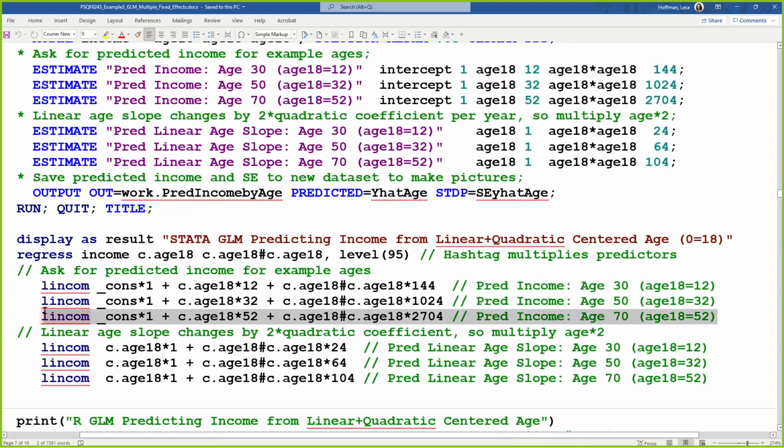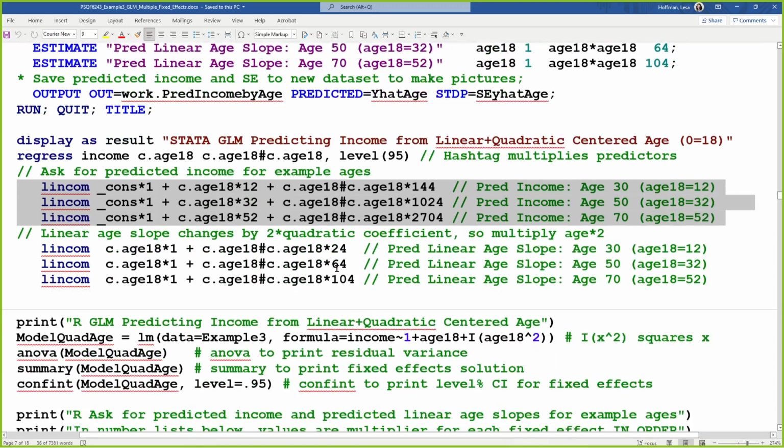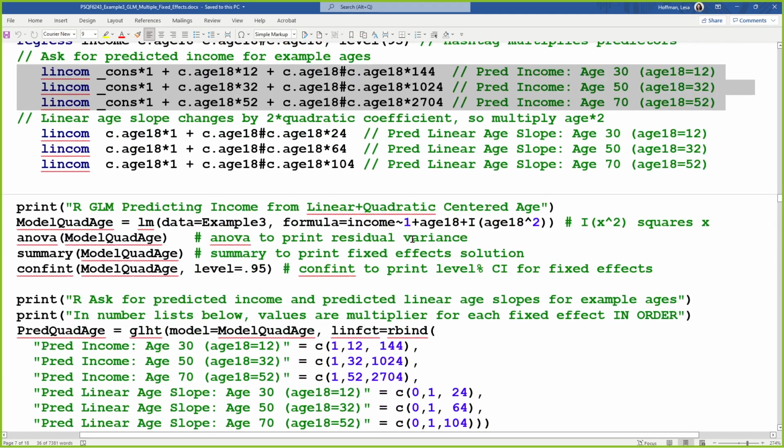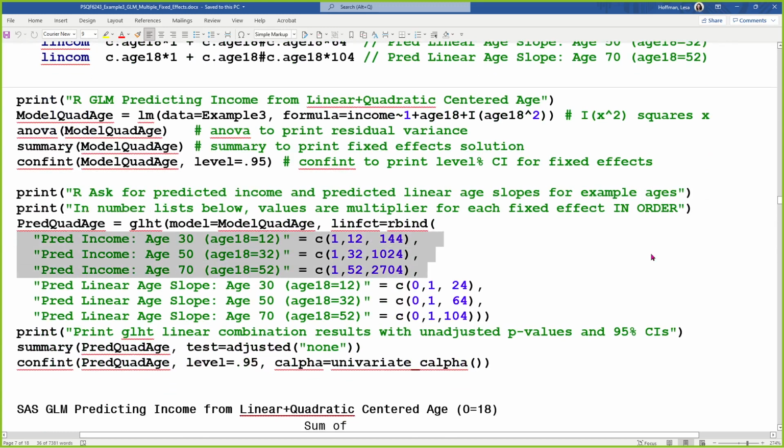Same thing in Stata right here with these lincoms, more explicit that we're actually multiplying by those constants and then adding the results together. And in R, it looks like that. So the intercept, the value of age that you want to multiply the linear slope with, and then age squared that you want to multiply the quadratic slope with.